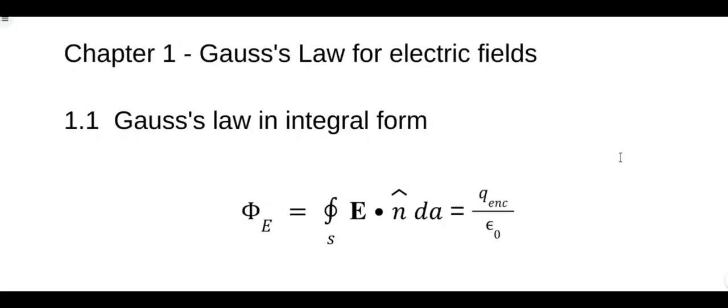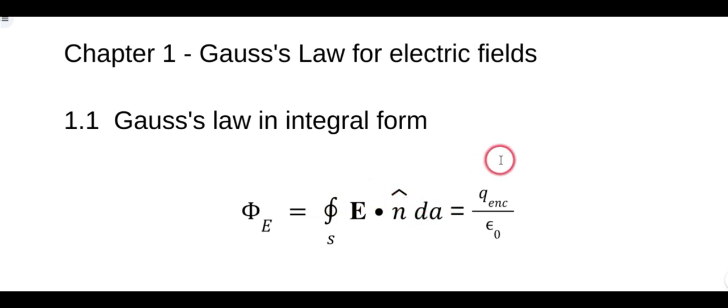Okay, so the book begins with Gauss's law for electric fields, and it's in two parts. The first part is Gauss's law in the integral form, which is this. The total electric flux is equal to the surface integral of the electric field inner product with the surface normal vector times the small increment of area.